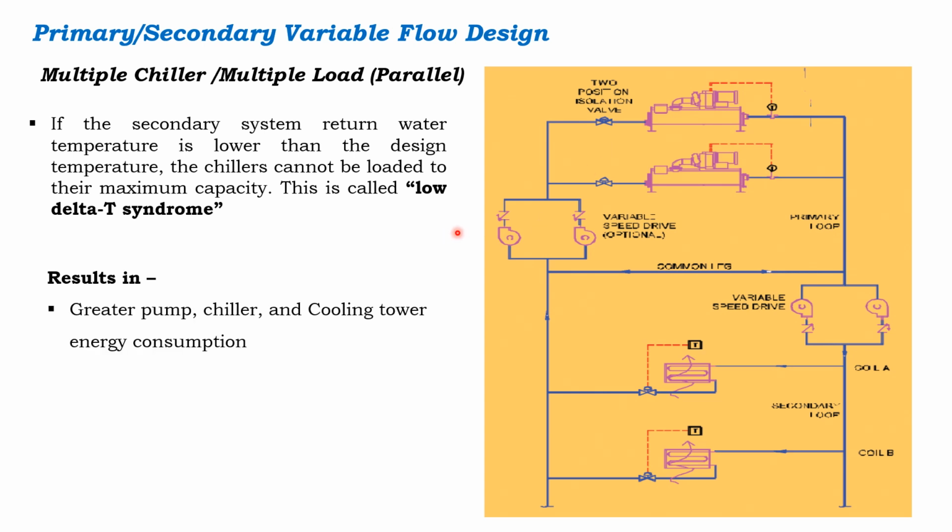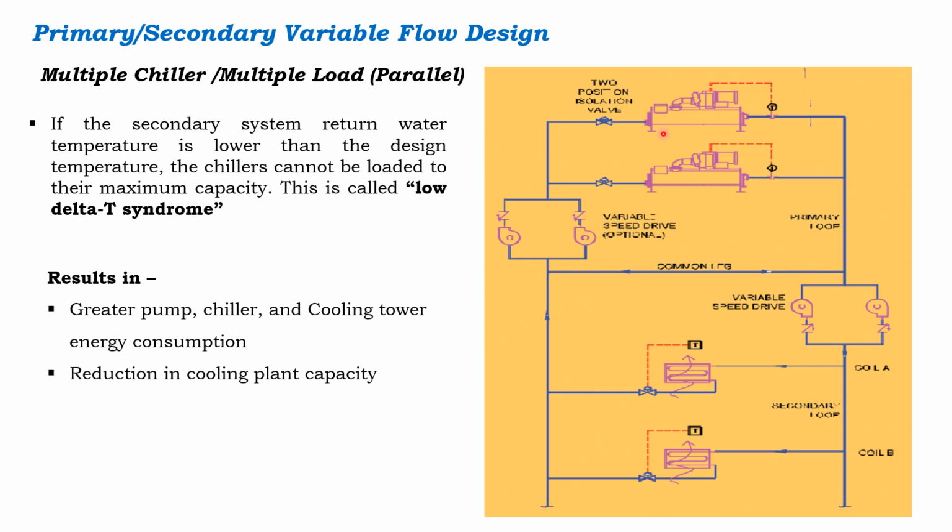It results in greater pumping, chiller and cooling tower energy consumption because chillers are going to operate at part load, and part load means sometimes it is at 50% also, and chillers are inefficient if they are working at 50% and 60% of the loading all the time. It is always better to operate between 80% to 100% of the flow and loading conditions.